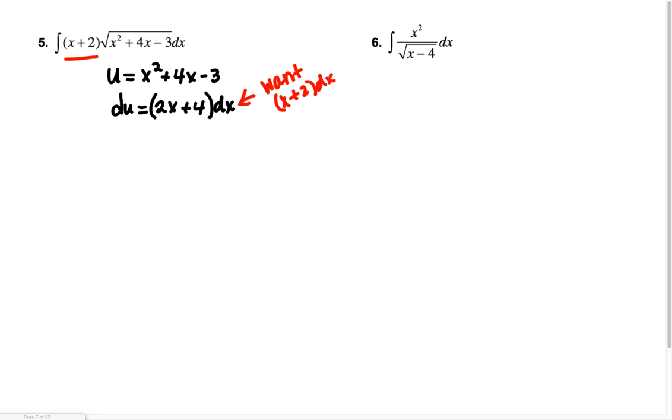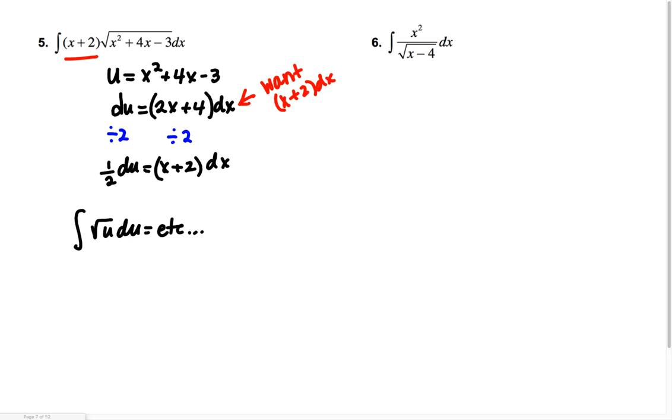So Abby, what are you saying? Yeah, totally. We're going to divide by 2. Do you guys see how we're almost there? If we just divided by 2, we'd have exactly what we want. We like when it's exactly what we want to replace with, right? We don't like the whole solving for x situation. So then we get the square root of u du, and then etc.